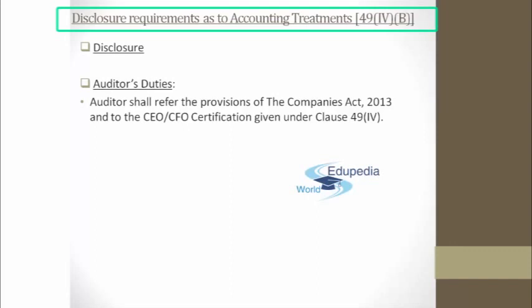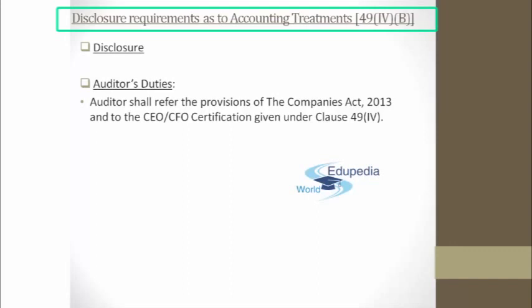In the corporate governance report, they need to disclose that fact: why they have chosen a different treatment from the one prescribed by the accounting standard, and why they believe it is going to provide a better representation of the true and fair view of the underlying business transaction. They need to disclose that.